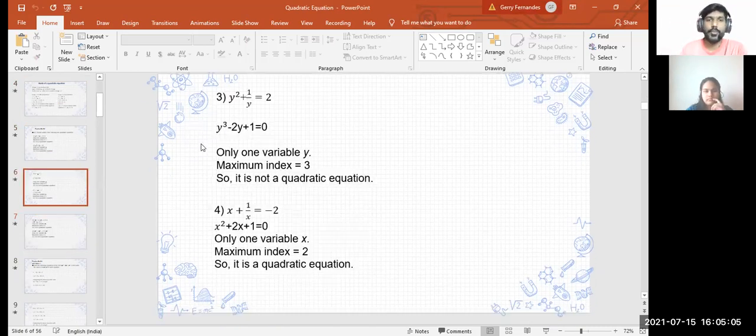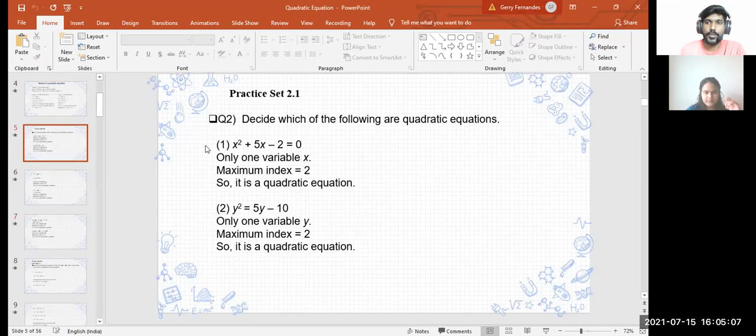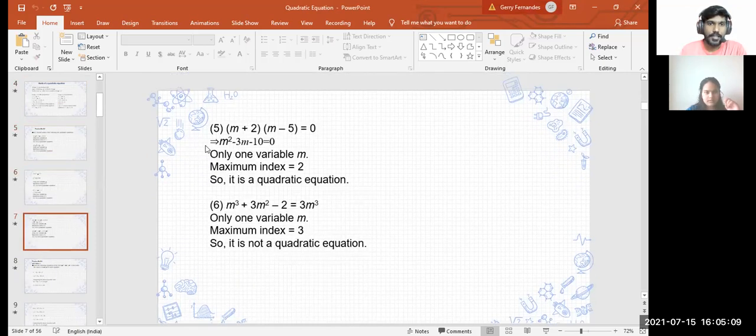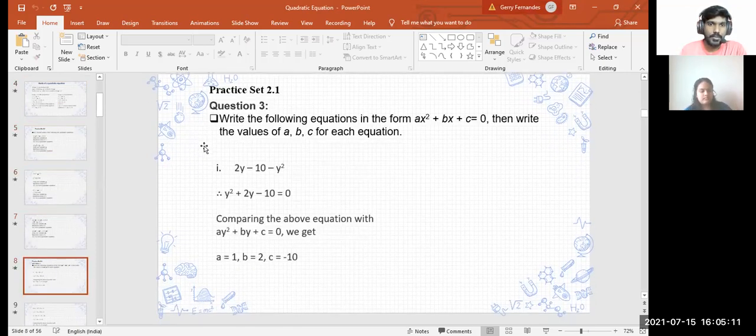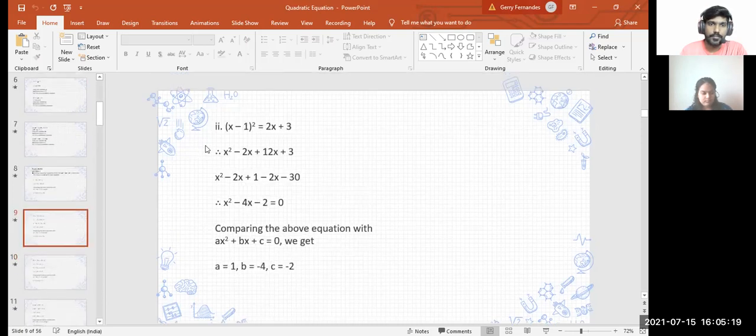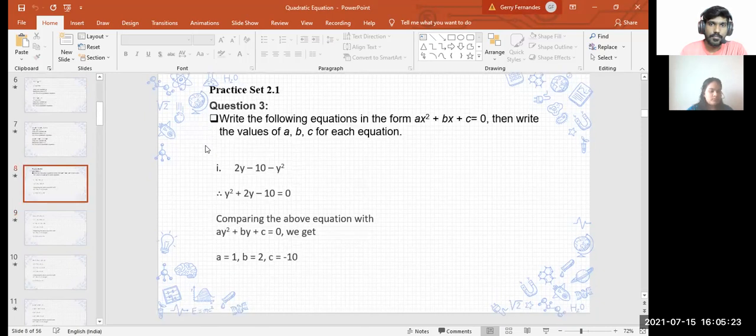We had started with 2.1, right? Exercise 2.1. Yes. I think we did up to question 3. There are two problem sets in this. Can you see which was the last question you wrote in your notebook?